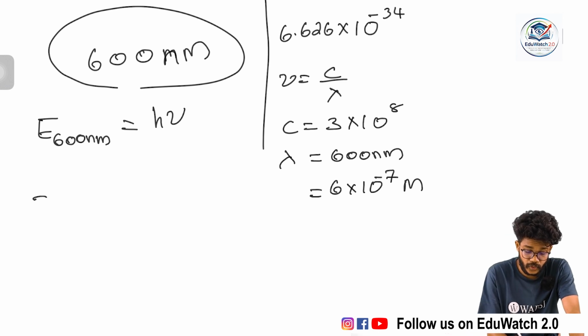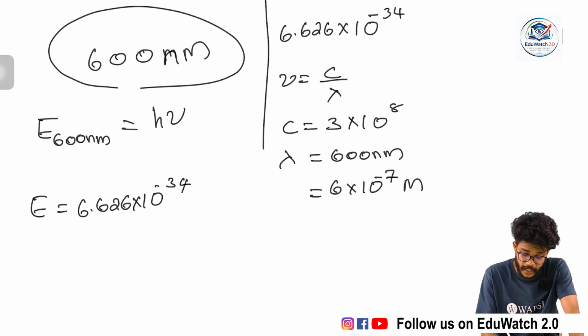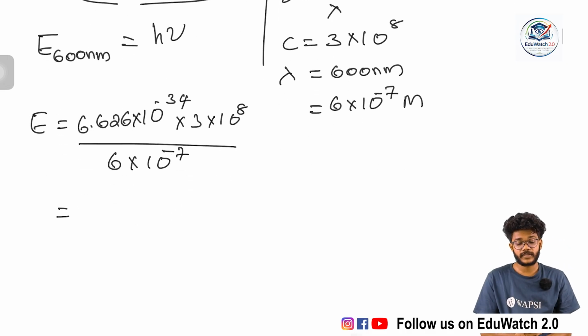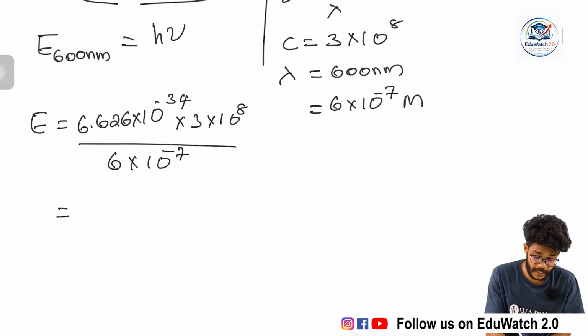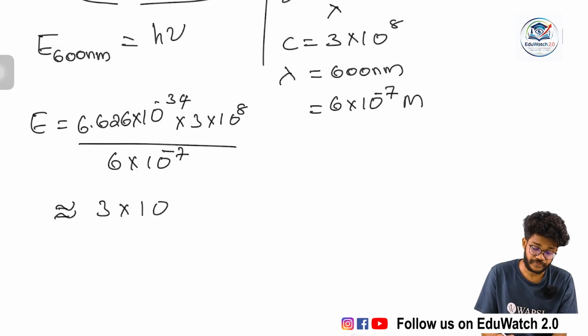So E is equal to h, which is 6.626 into 10 raised to minus 34, and nu is c by lambda, so multiplied by 3 into 10 raised to 8 divided by lambda, 6 into 10 raised to minus 7. We can cancel 6.626 by 6, so approximately the energy is 3 into 10 raised to, the 10 to the power minus 7 goes to the upside, so the total power is 15 minus 34, which is minus 19.